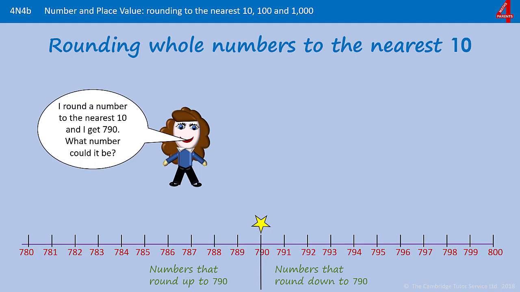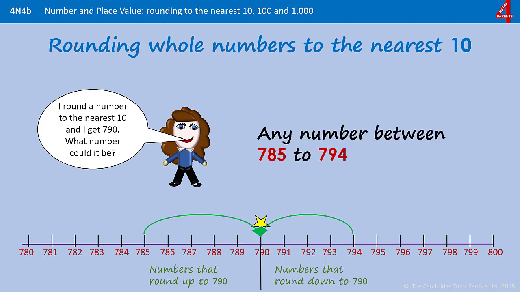To get up to 790, we're looking for a number with 5 in the ones. 785 is the smallest whole number that would round to 790, and 794 is the biggest whole number that would round down to 790. So any number between 785 and 794.